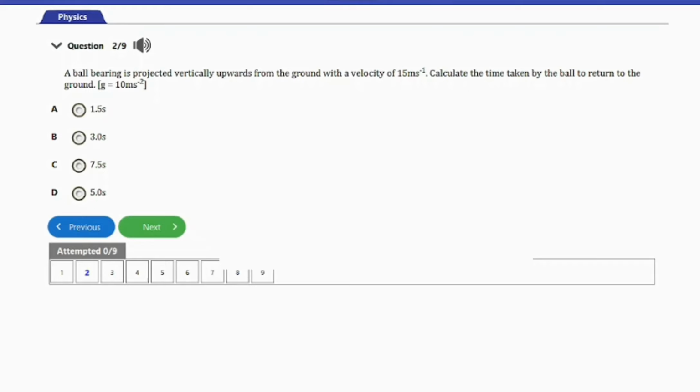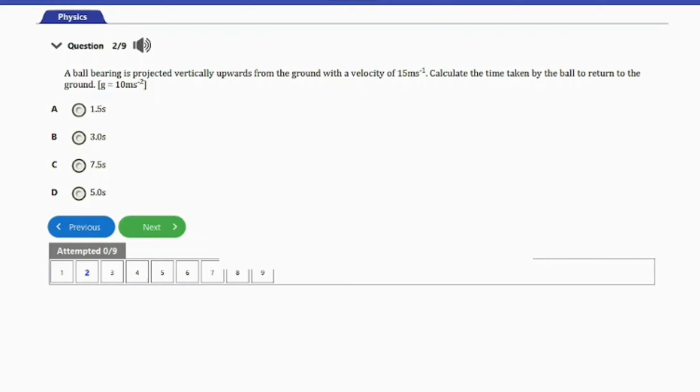The next question, question number 2, says a ball bearing is projected vertically upwards from the ground with a velocity of 15 meters per second. Calculate the time taken by the ball to return to the ground.